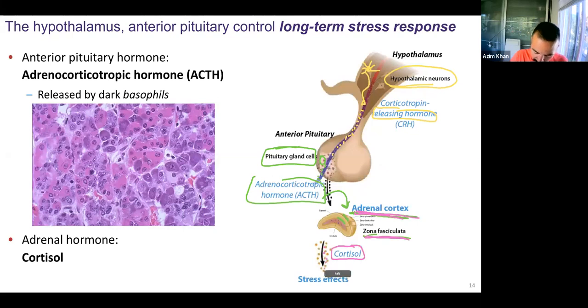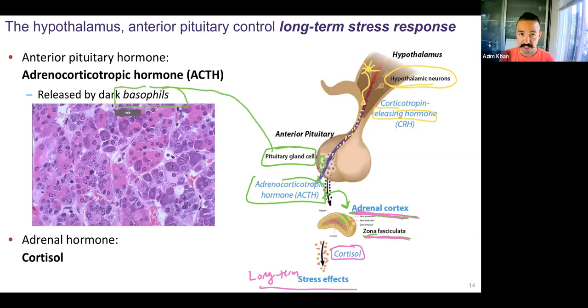And cortisol has overall long-term stress effects in the whole body. It can stimulate your brain, your muscles, your heart, everything. Oh, and the specific pituitary gland cells are basophils that release adrenocorticotropic hormone.